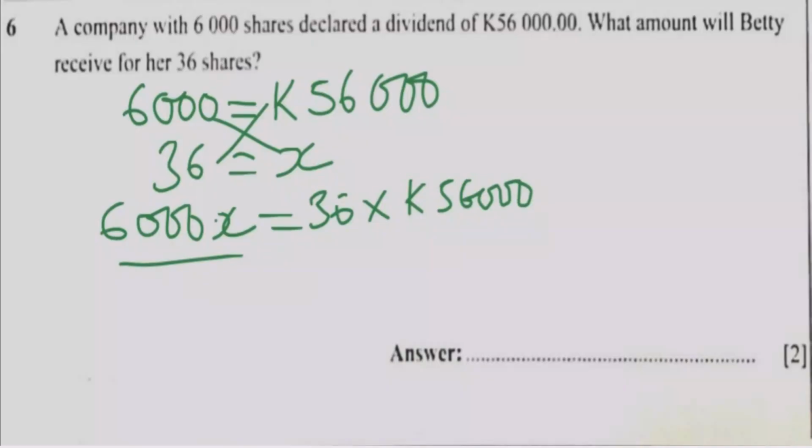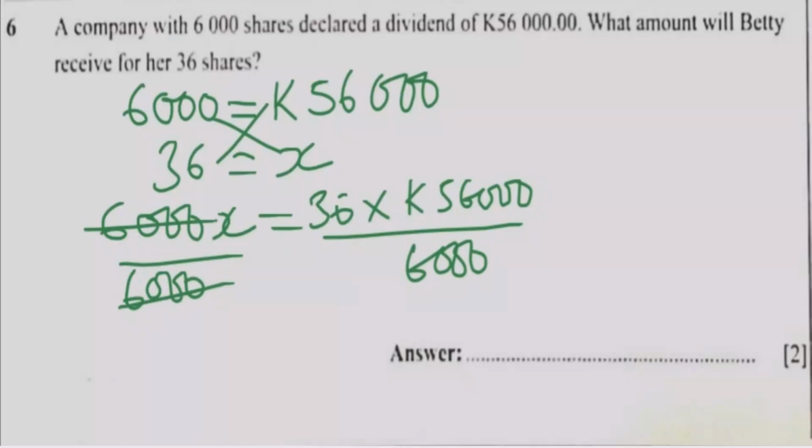We don't have to multiply the numbers on the right side, because you are going to get a bigger number. So before you do that, let's first divide both sides by 6,000. That means the 6,000 here and here will cancel each other out, leaving us with X, which will be equal to, then the 3 zeros here and these 3 zeros will cancel each other, leaving us with 6 kwacha and 36.